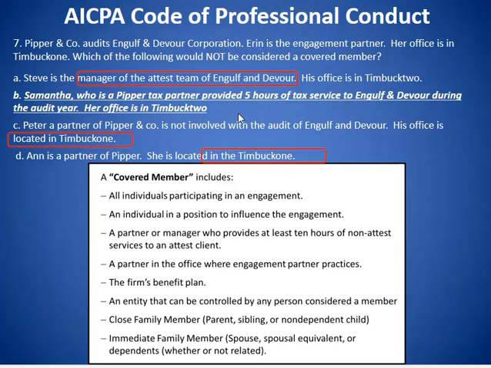So right away, she wouldn't be a covered partner under that criteria. Also, she did work on some work for Engulf and Devour, but the rules say that you have to have at least 10 hours of non-attest type services. So in this case, she only performed 5 hours. So in this case, Samantha would be a non-covered member.